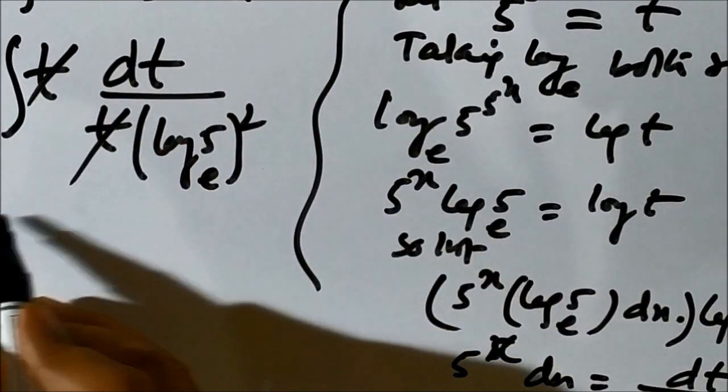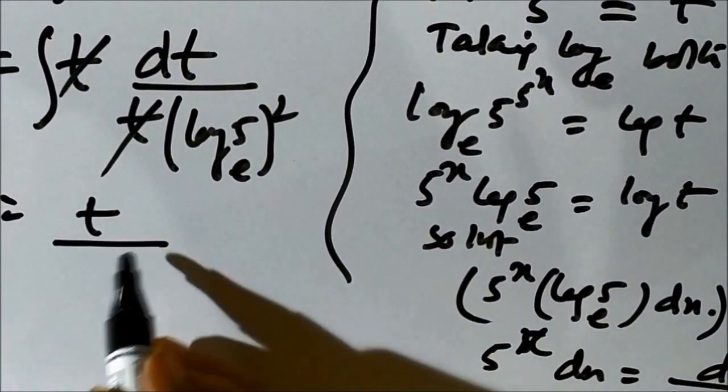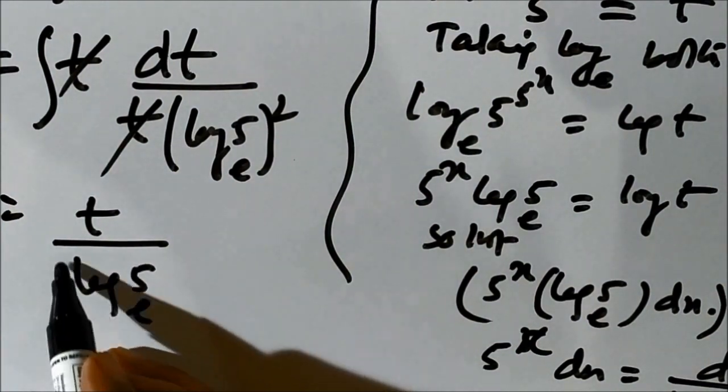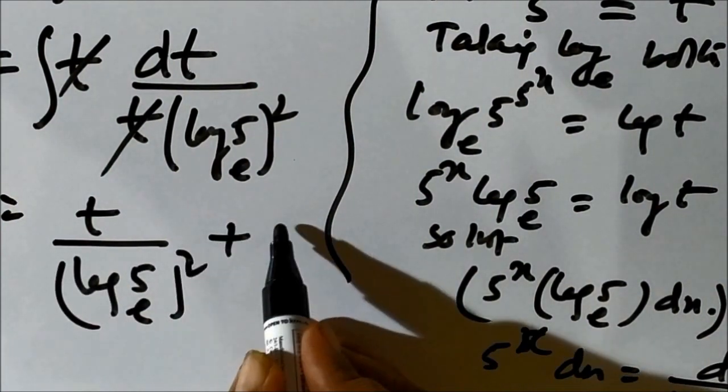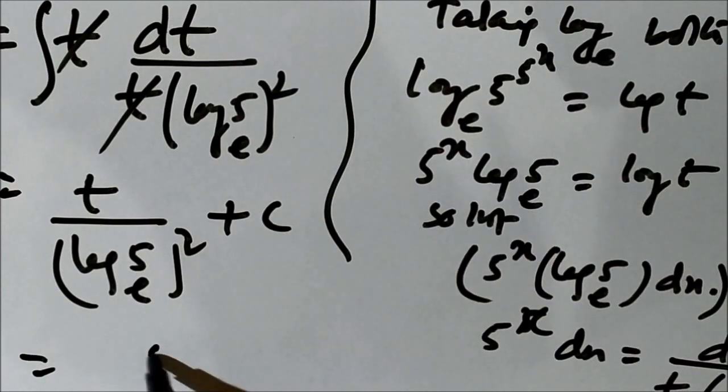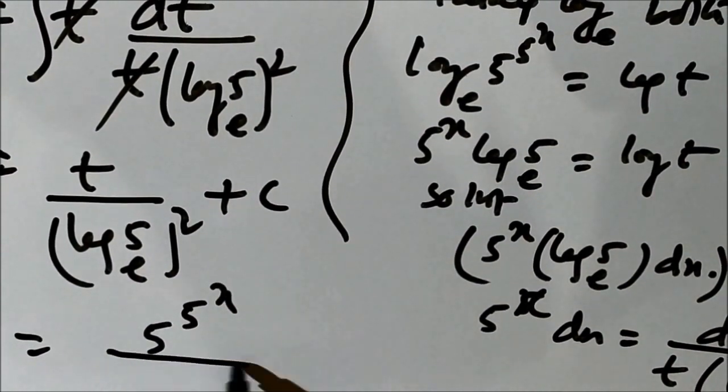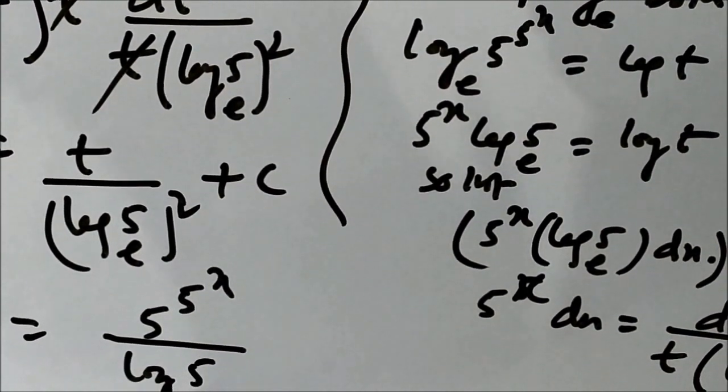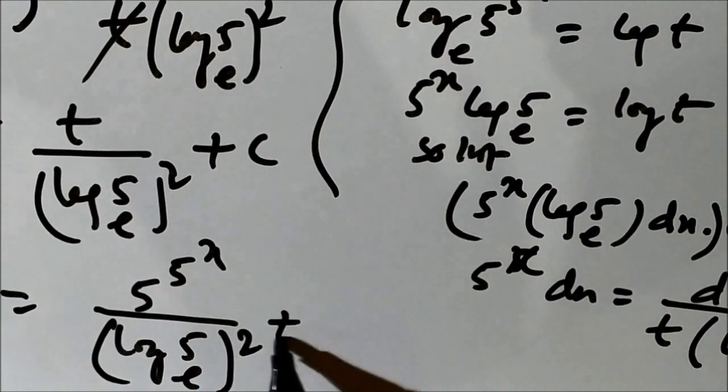T cancel. Integration of t is t by log 5 base e whole square plus c, and t is 5 to the power 5 to the power x by log 5 base e whole square plus c.